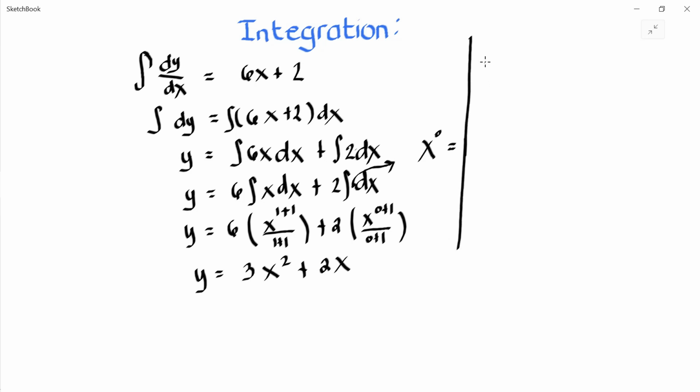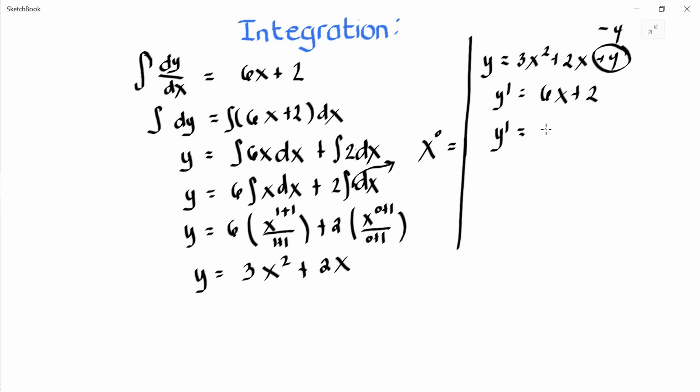We know the fact that the derivative of 3x squared plus 2x plus 4 is equal to 6x plus 2. And if we replace this last term with a negative 4, we can also get the same answer, which is 6x plus 2.